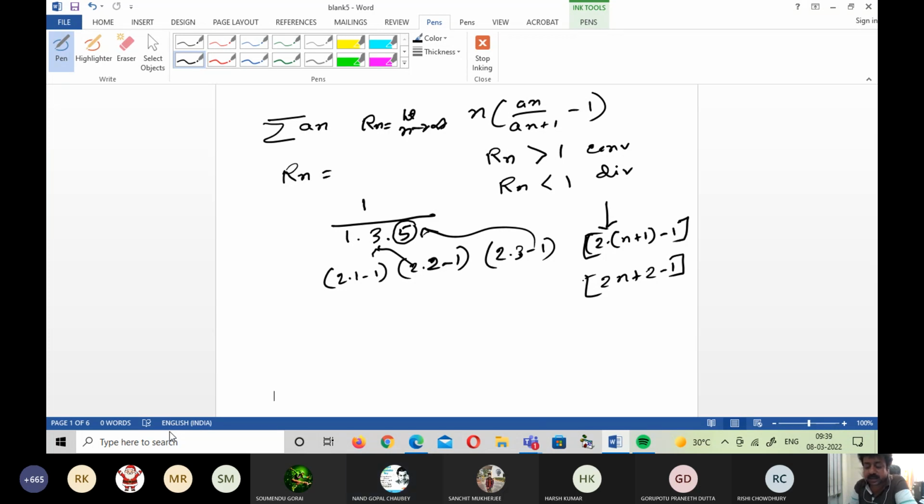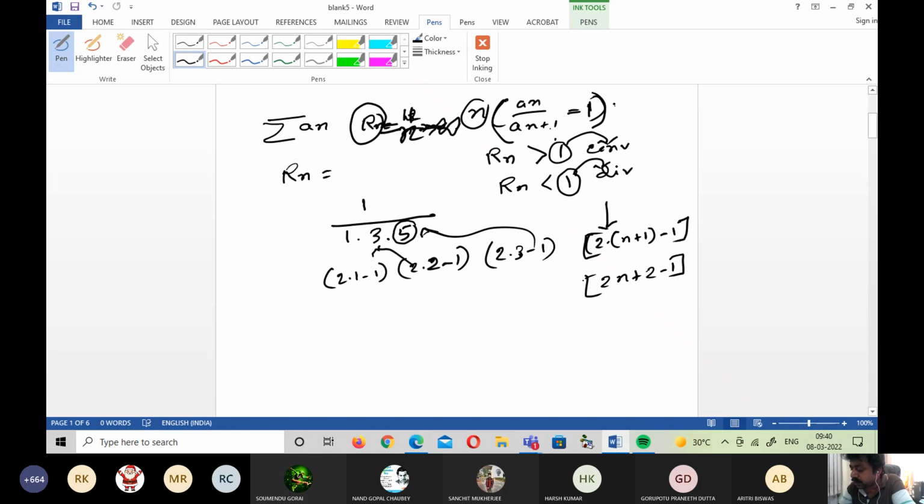Okay. So what have you written after Rn equal to? Rn greater than 1, then the series is convergent. Rn less than 1, then it is divergent. Rn equals limit n tends to infinity n into, in bracket, an by an plus 1 minus 1.